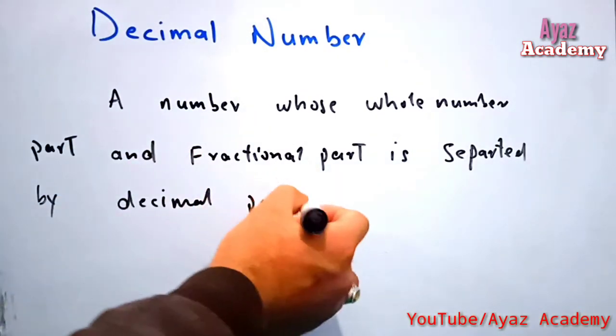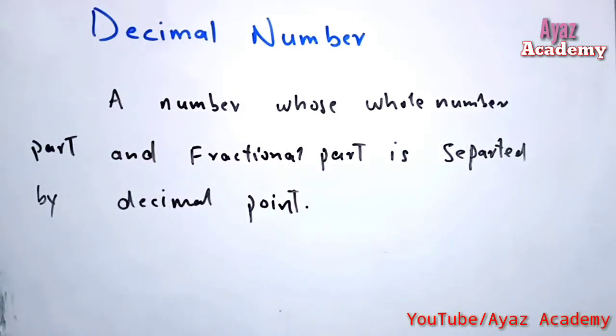Decimal point. What is a decimal number? A number whose whole number part and fractional part is separated by a decimal point. This is the definition of a decimal number.